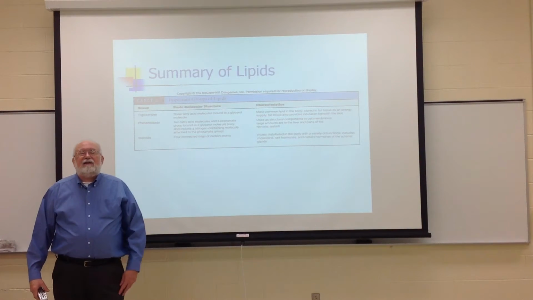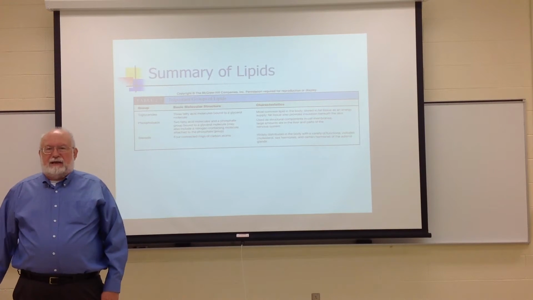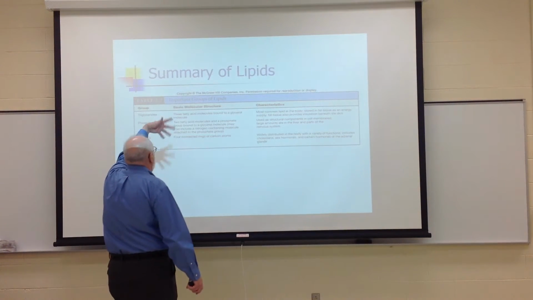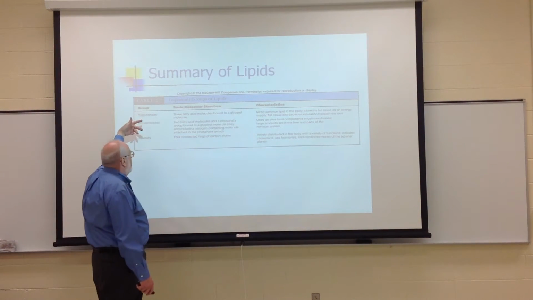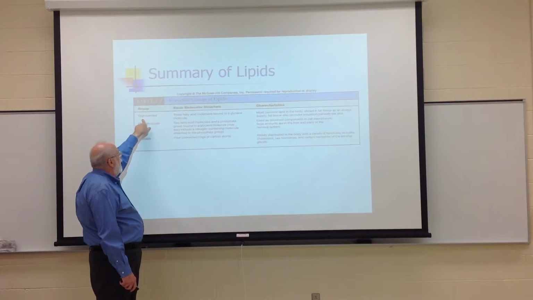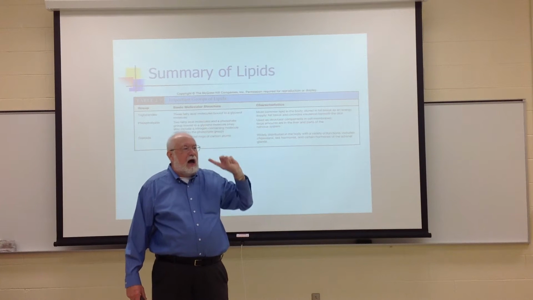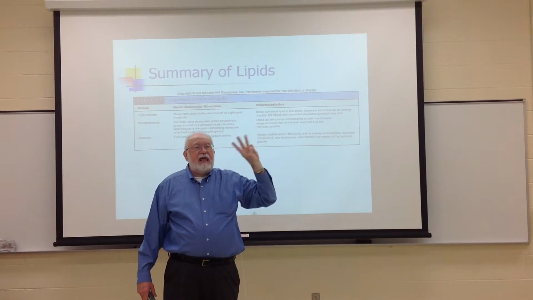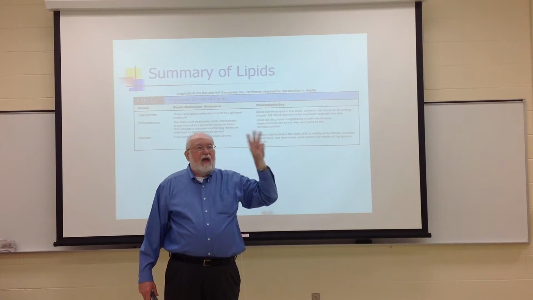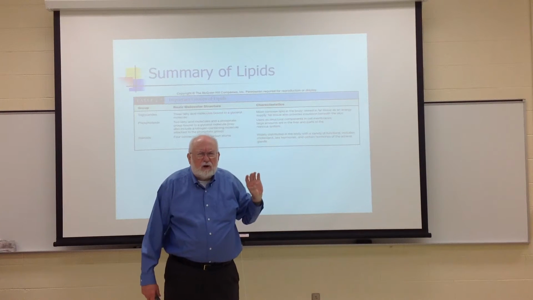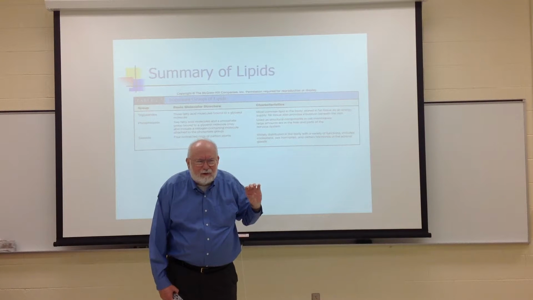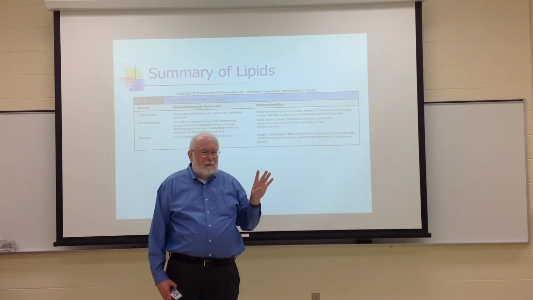All right, here's a little summary chart for lipids. You got this in your book, and you probably can't read this. It's too small. But anyway, triglycerides. What are they made of? A glycerol and what? 3 fatty acids. Now, are they polar or non-polar? Non-polar.